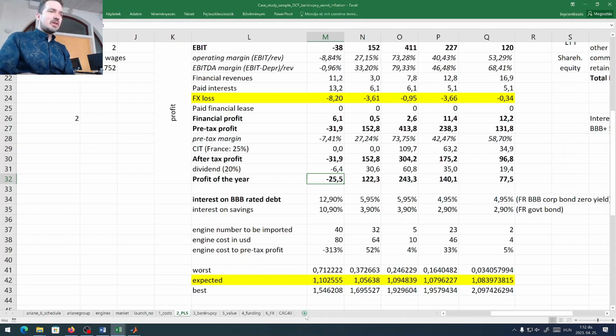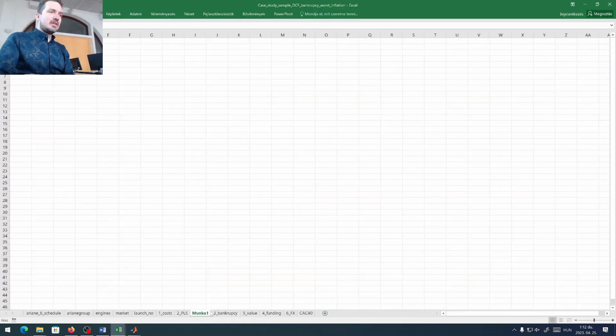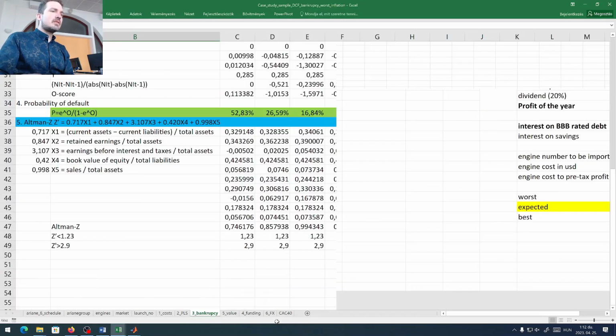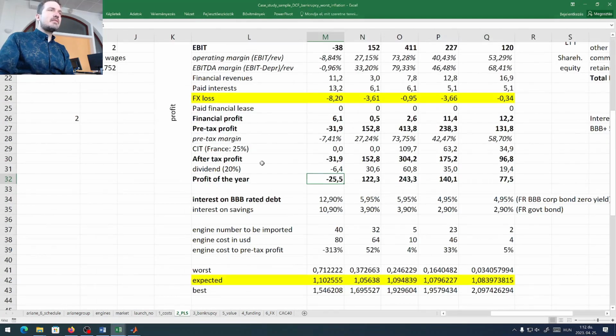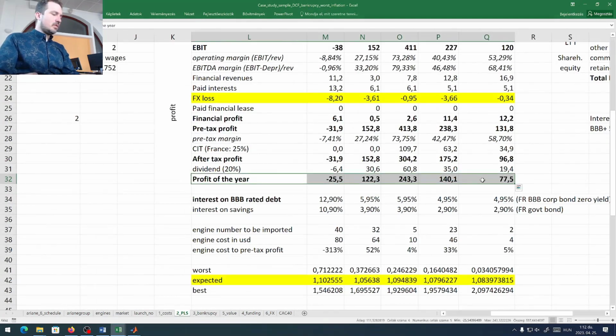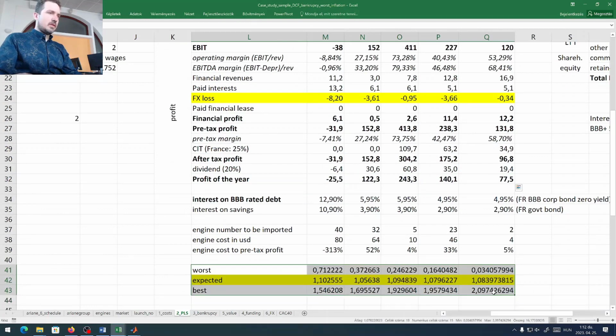So let's. Do I have this FX? Yeah, I have it. So let's use this one. So right now we have this output. Okay, so let's also copy.